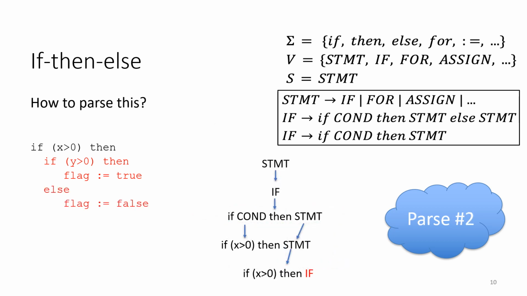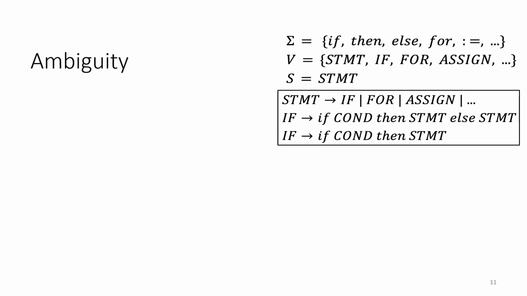The other way to do this is to do an if statement and then not have the else there. Now here, I am going to just do if condition then statement, which is the second one, applying the rule 2 first, and then continue.